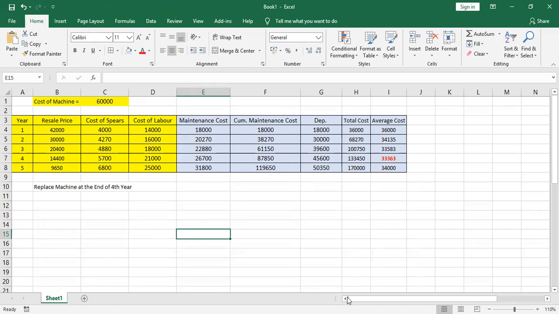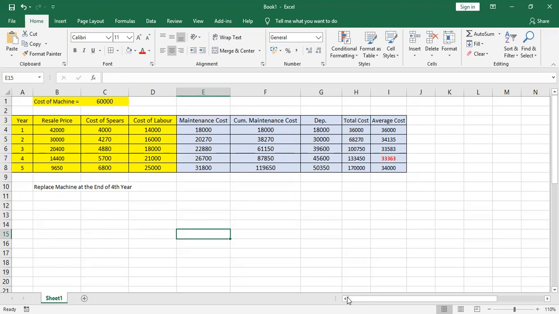As you know, there are a few special cases, because we don't have an idea if maintenance cost is not given. If the examiner is going to give labor cost, spare parts cost, that means they can bifurcate the maintenance cost in different heads, and on the basis of the bifurcation, we have to think whether it is a part of fixed cost or it is a part of maintenance cost.